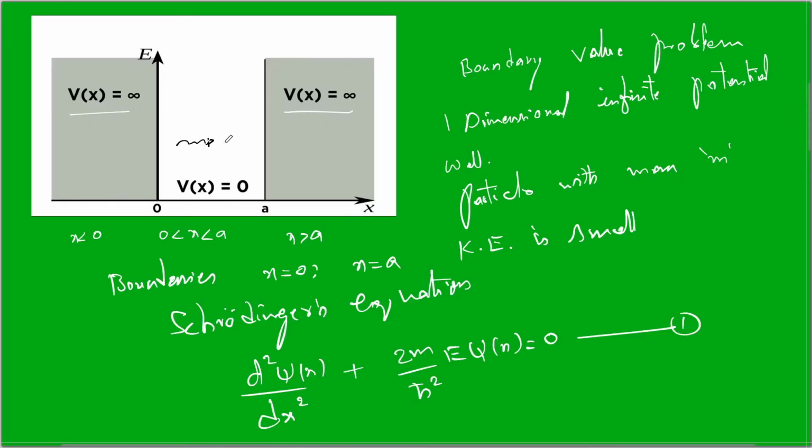Now we look at the boundary conditions. Since the particle is confined to the region between 0 and a, the amplitude of the wave function at x equal to 0 should be equal to 0, and at x equal to a also should be equal to 0. Reason is the particle is having oscillatory behavior.